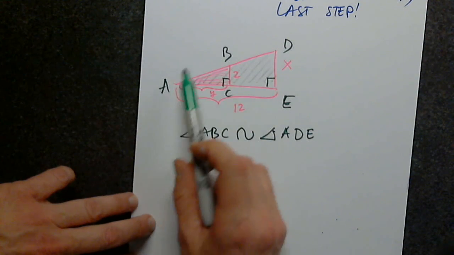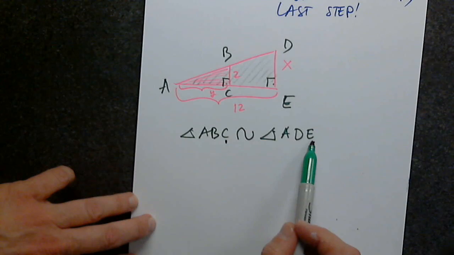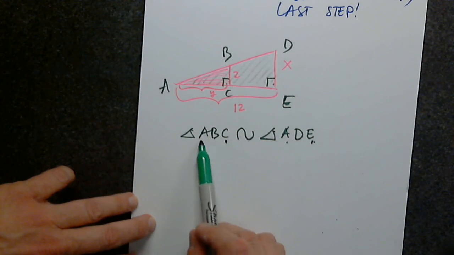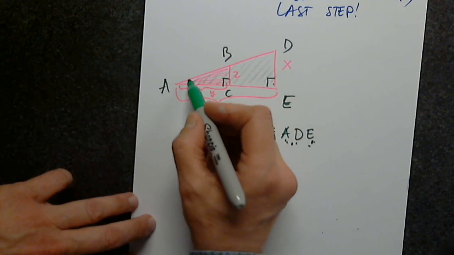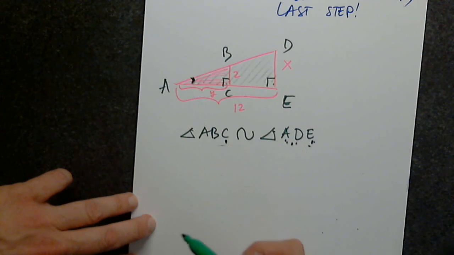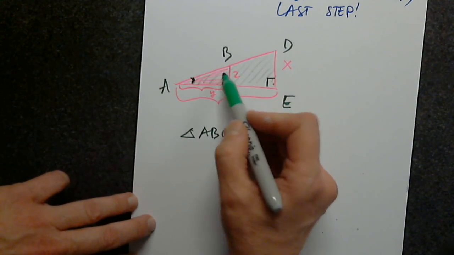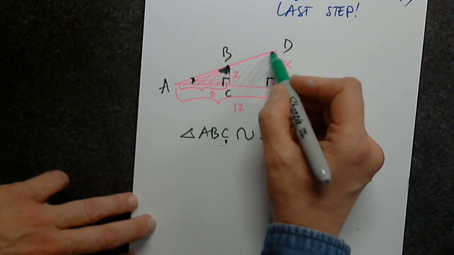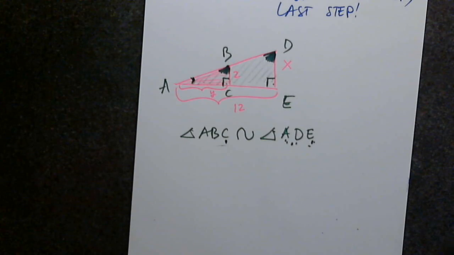These two are identical, and these two are identical. That has to be the correct order. This is the same in both triangles. Therefore, this must be the same in both triangles. Because they are similar, I can write proportions with their sides.